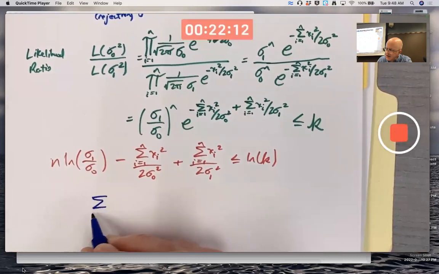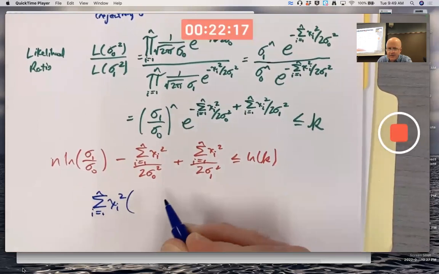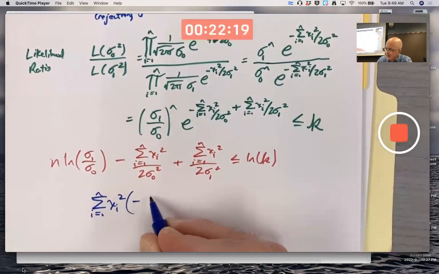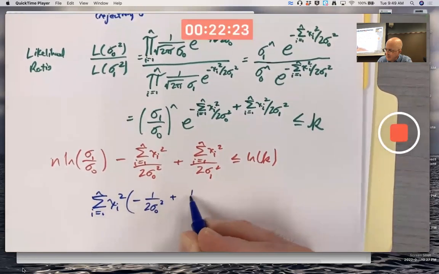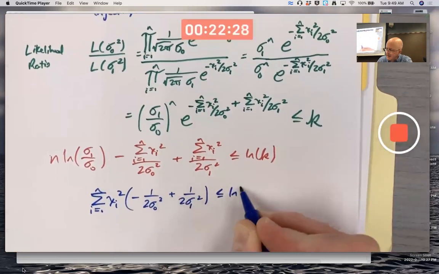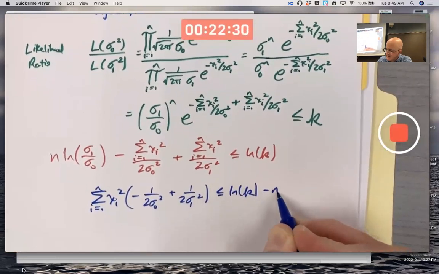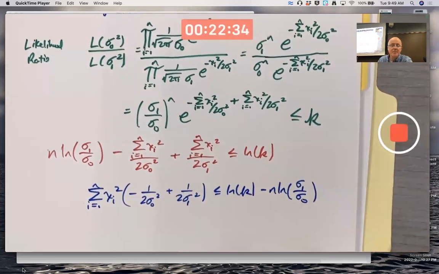So we got the summation, i goes from 1 to n, xi squared. I factored it out. What's left over is negative 1 over 2 sigma 0 squared plus 1 over 2 sigma 1 squared. And I brought the other thing to the other side. Like that.